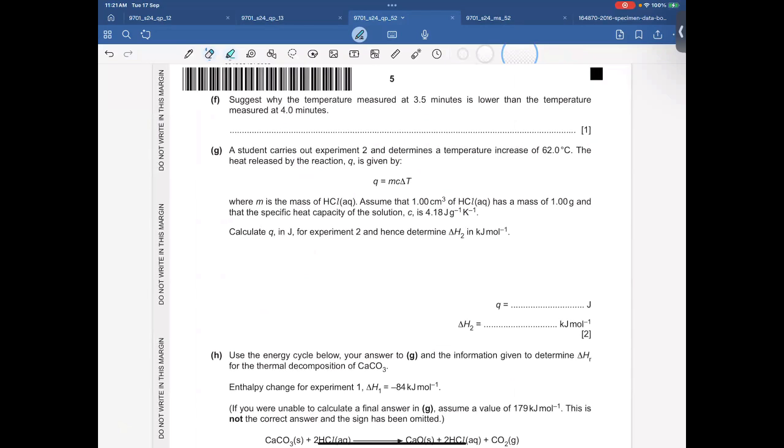Suggest why the temperature measured at 3.5 minutes is lower than the temperature measured at 4 minutes.